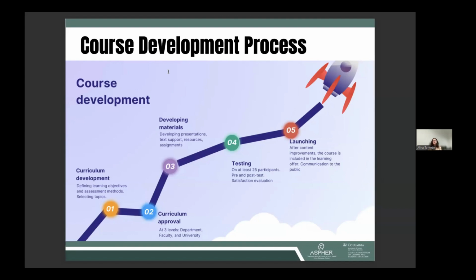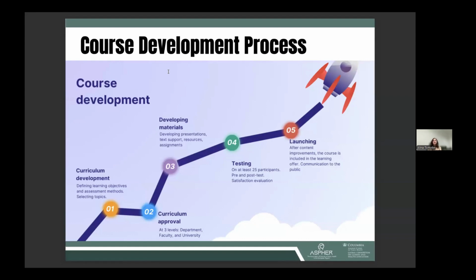Afterwards, we test the course on a group of about 20 to 25 participants. And also afterwards, we collect their feedback through pre and post tests. And finally, we evaluate their satisfaction. In this way, we try to ensure that the course content is improved and refined.